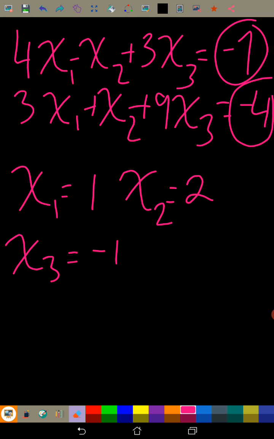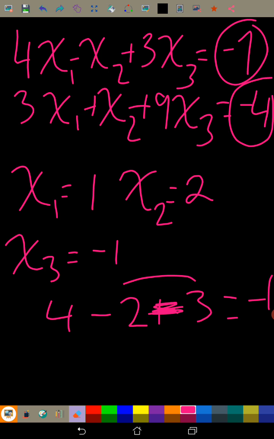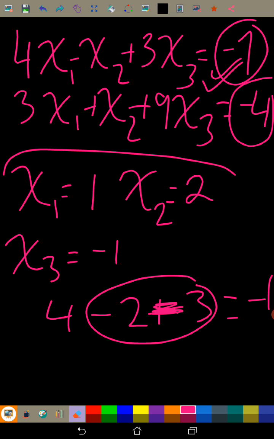For example, x1 will be 4 minus 2 plus -3. So this should give -1. Okay, because -5, this is -5, -1. So this is correct with these values, the solution set.